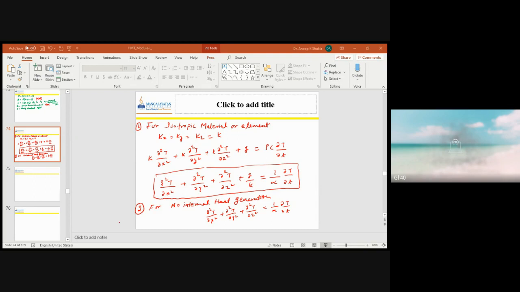So simply your equation gets converted into ∂²T/∂x² + ∂²T/∂y² + ∂²T/∂z² = 0, and this equation is also called the Laplace equation.